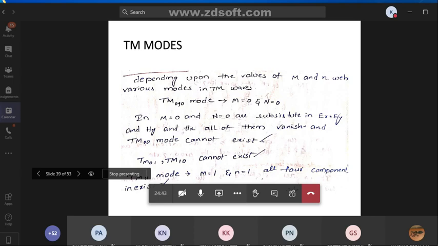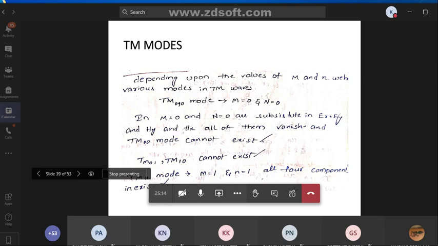Next, if you substitute m equal to 0 and n equal to 1, and similarly m equal to 1 and n equal to 0, that is the TM01 mode and TM10 mode. If you substitute these values in the four field components Ex, Ey, Hx and Hy, all four vanish.